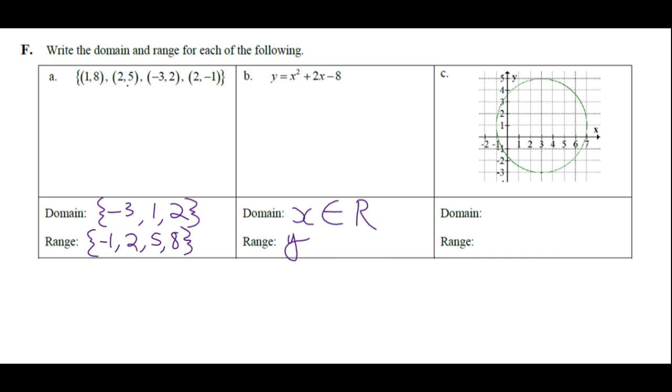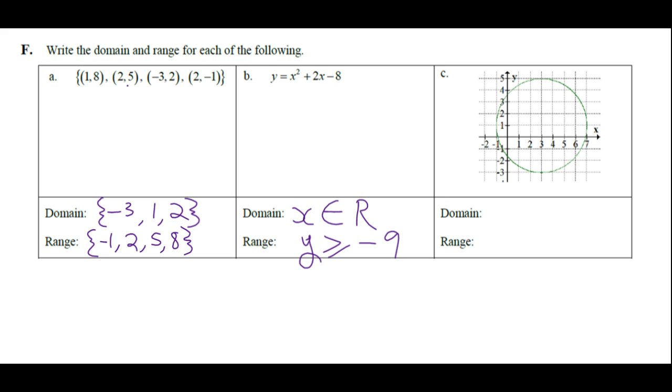So what's a fancy way to say that? Y is greater than or equal to -9, right? So if a quadratic opens up, it has a minimum or a low value, which means all the y values have to be bigger than or equal to that value, which is at the vertex, which is where the axis of symmetry goes through. We're going to do a whole pile of that stuff coming up.